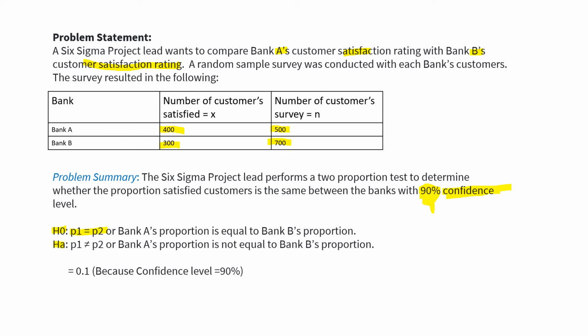Alpha is the level of risk that we are taking, and it is 0.1, because the confidence level is 90%. That's why alpha has been reduced to 0.1.